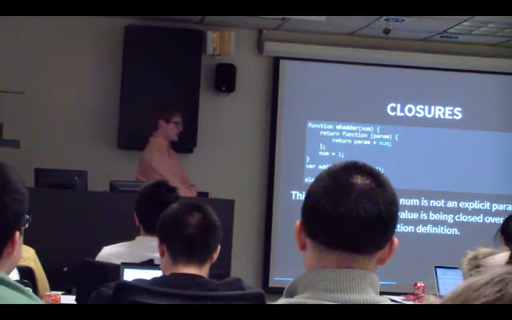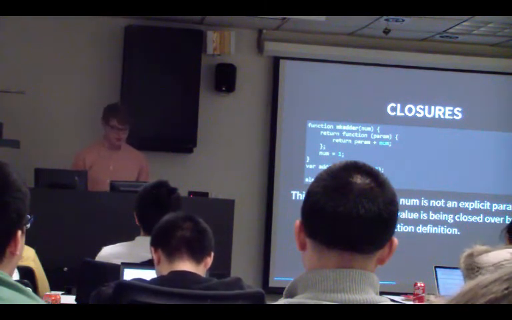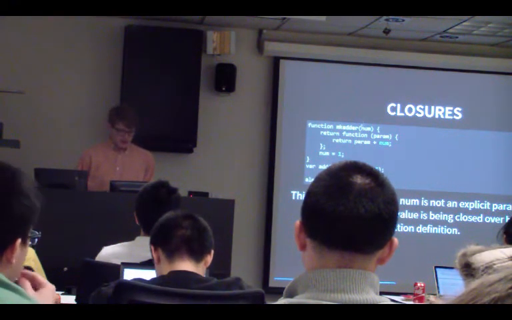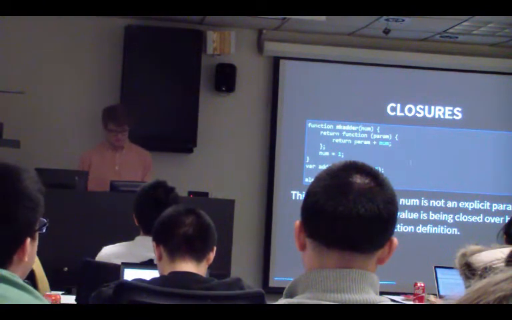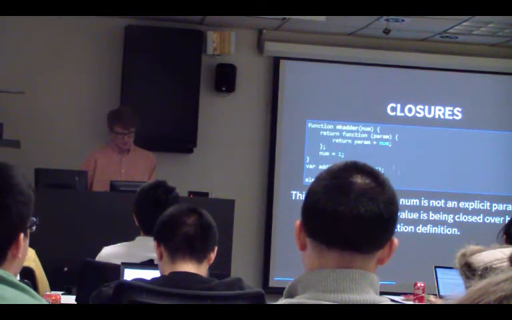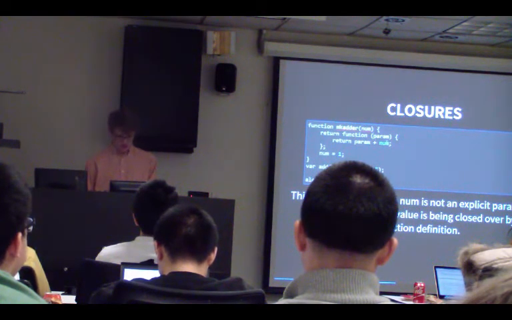If I wanted to rewrite this without a closure, what I could do is make adder, like you saw me do it without a closure before, but you would explicitly say the parameters. So this function that I'm returning would take in num and parameter, right?